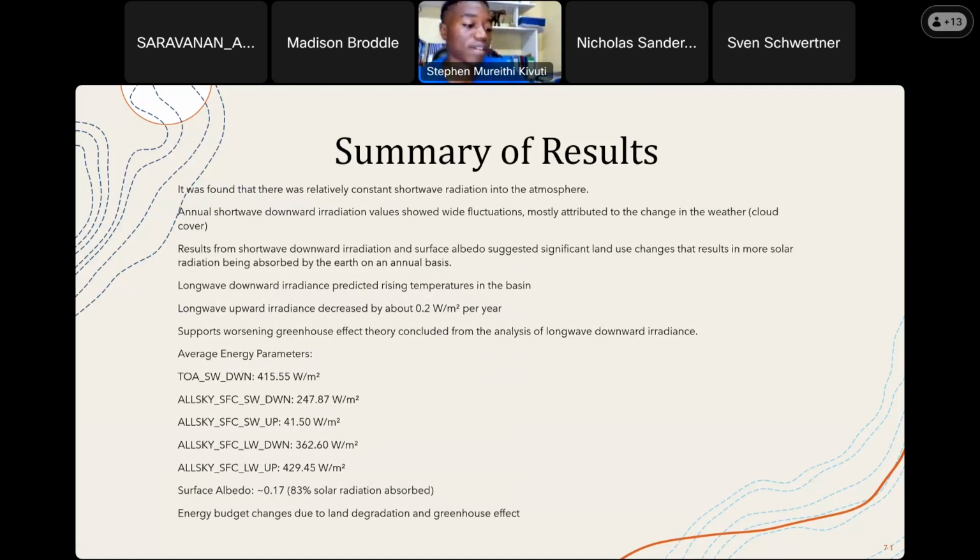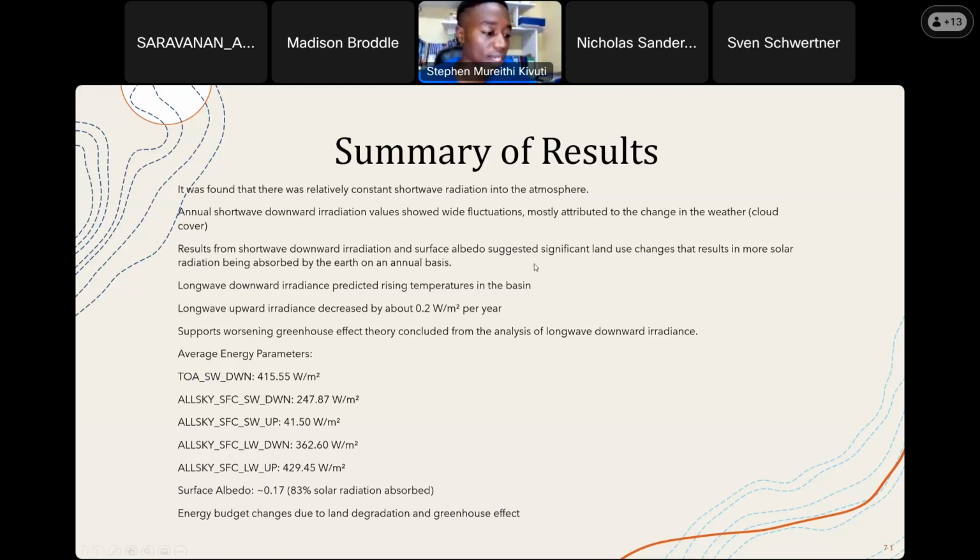So we have a summary of results. It was found that there was a relatively constant shortwave radiation into the atmosphere. The range was about 0.000000009, meaning that any changes that occurred in the values had to do with human activities, and maybe had nothing to do with the amount of radiation coming into the atmosphere.